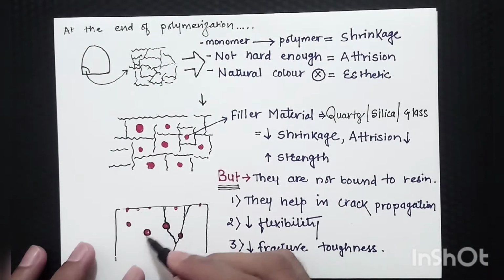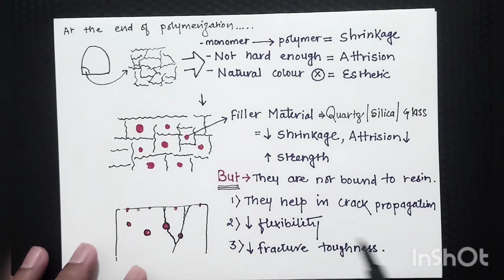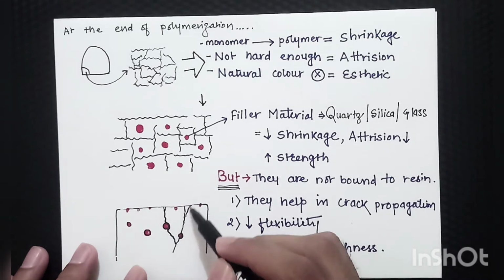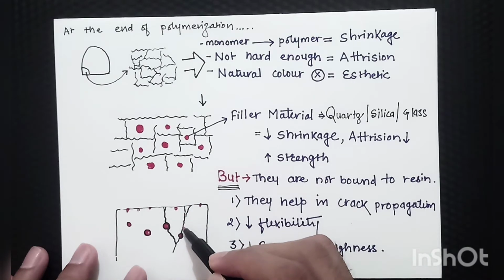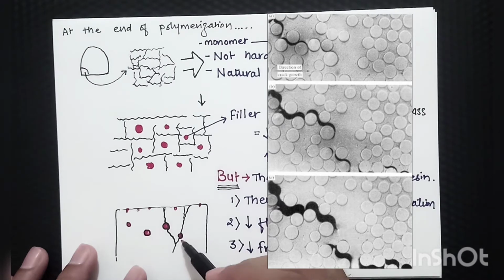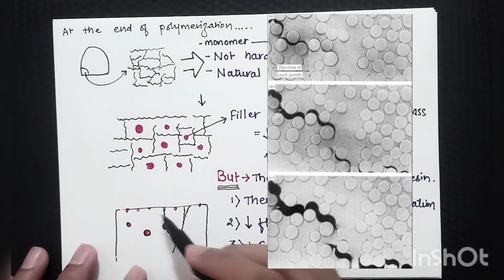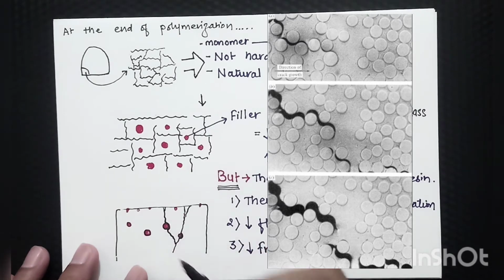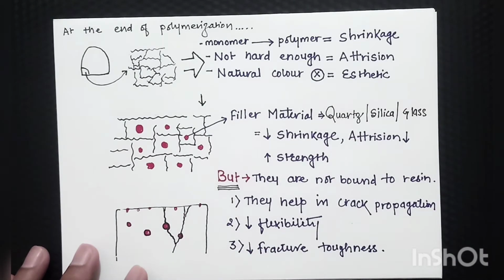There is a gap between resin and the filler phase. This will cause crack propagation. When there is a crack, because of the gap between filler material and resin polymers, it will pass through this bond and the crack will propagate. So it will reduce the strength.